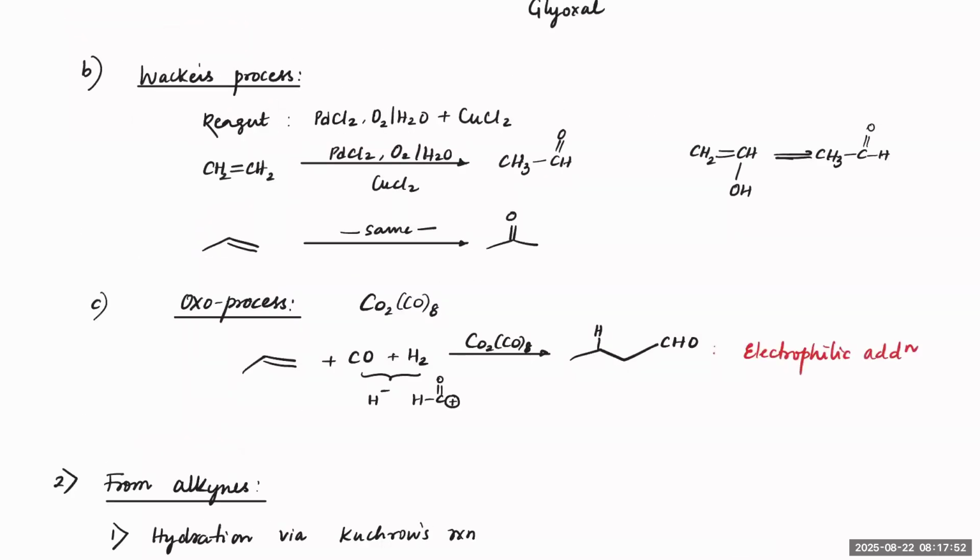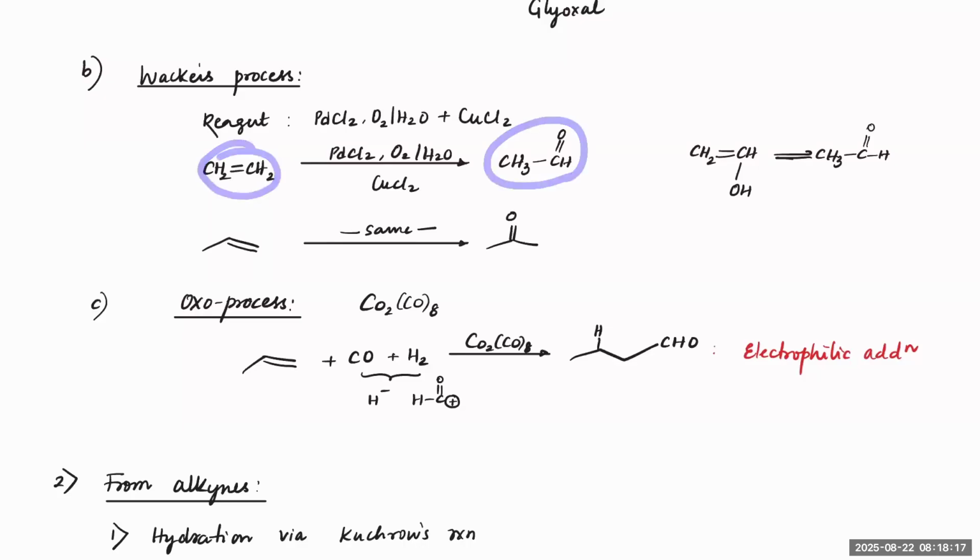The Wacker process is used on the same alkenes, if we use air or moist air in the presence of palladium chloride. Palladium chloride is a base on which alkenes are adsorbed, then moist air is sent to react with some heat. That will make this alkene into an aldehyde form.